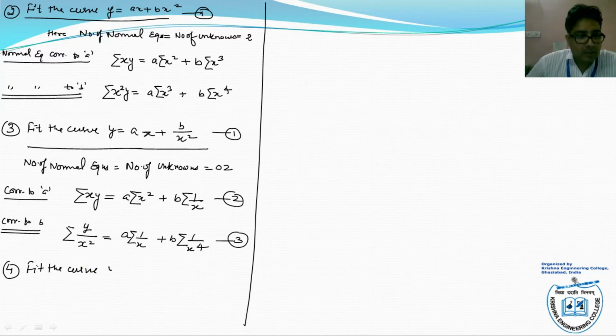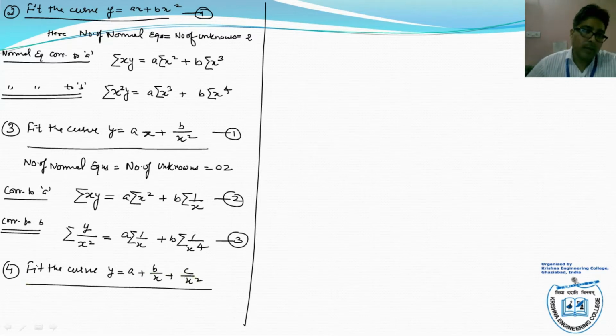Fit the curve y is equal to a plus b by x plus c by x square. Here the number of normal equations is equal to the number of unknowns.